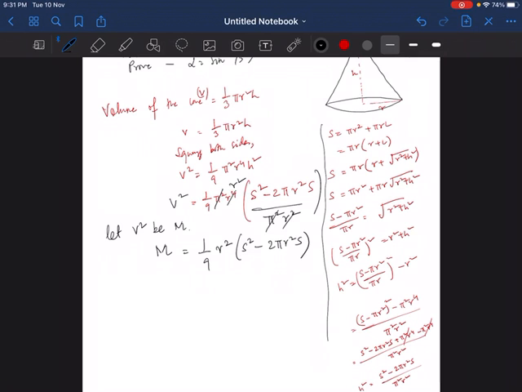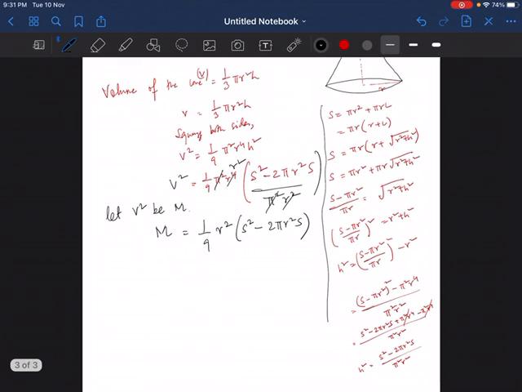So what I will write in here: the maximum value of m is equivalent to the maximum value of v.